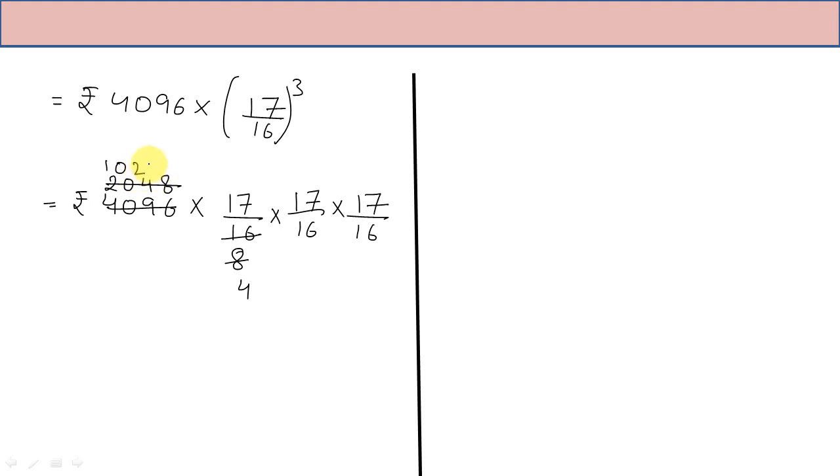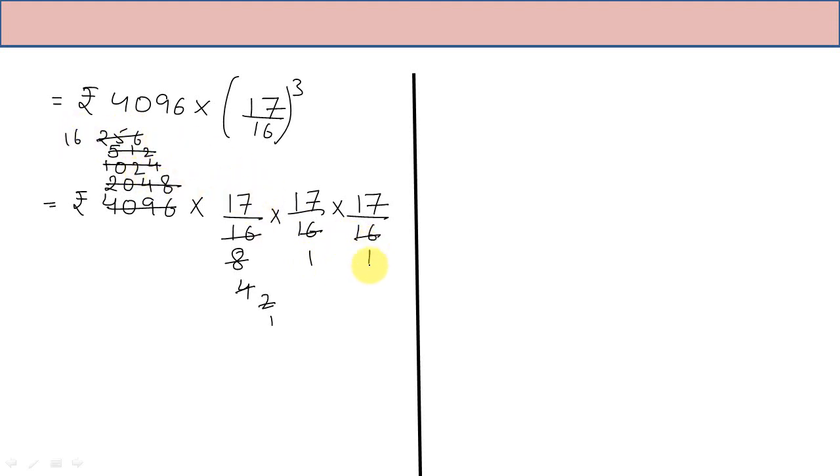Again on 2, it will be 5, 1, 2. Again on 2 and so on. Now if you know 16 square is 256, I can directly cancel: 16 ones are 16, 16 16s are 256. Then 16 ones are 16, 16 ones are 16.